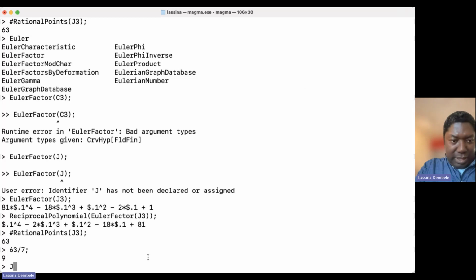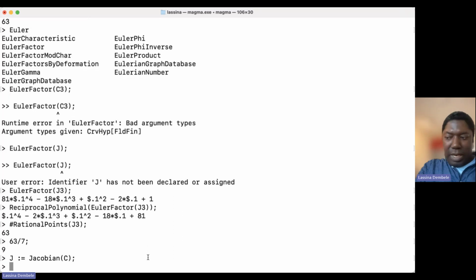So I'm going to let J be the Jacobian of our curve, the Jacobian of C. Then I'm going to show you that there is a point on our curve of order 7. So how do we construct this point?